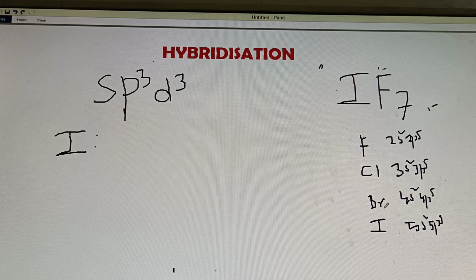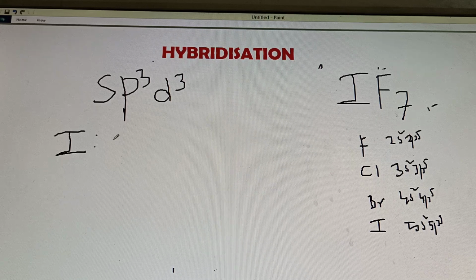Clear? So the valence shell electronic configuration of iodine is 5s2 5p5.